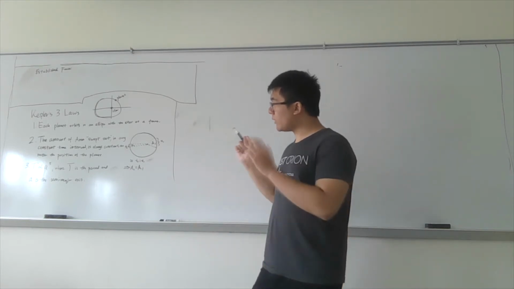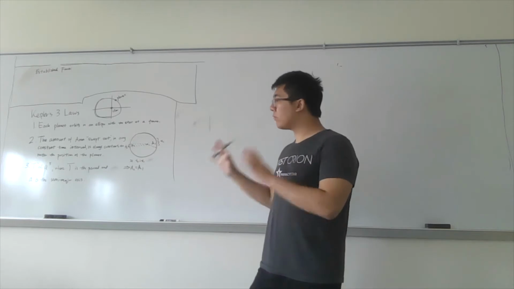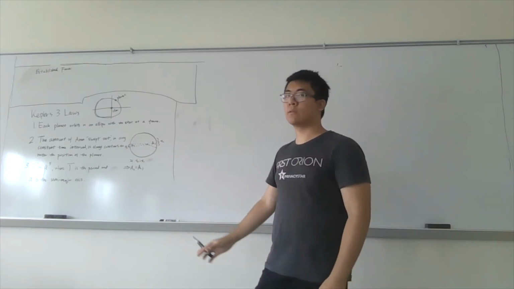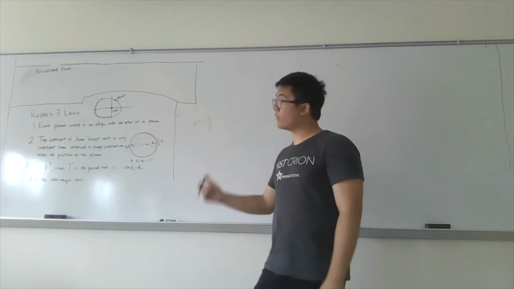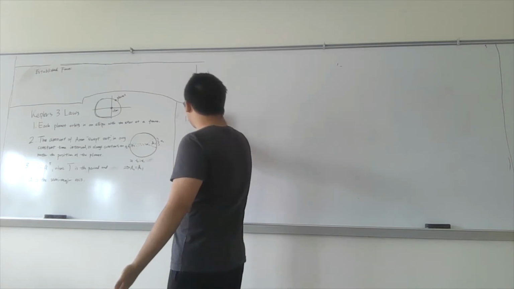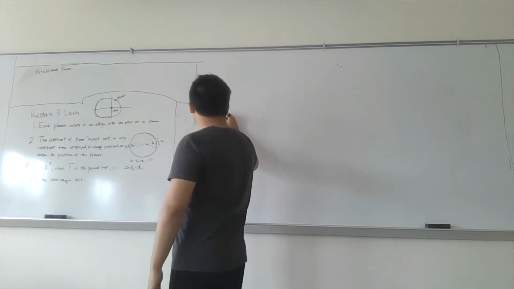So I want to go over a rather detailed proof of all three of these laws. To do that, all we're going to need to know is some basic conservation laws of physics.